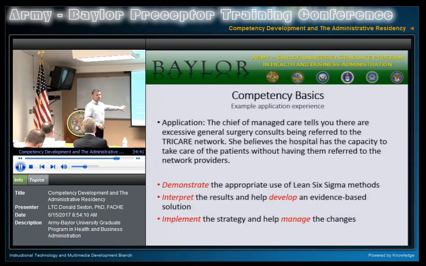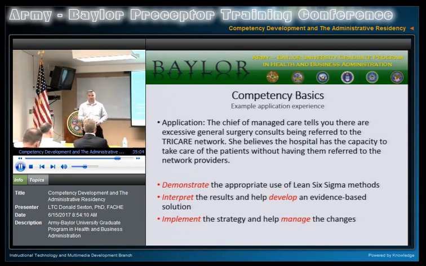Okay, so I wanted to just share this with you. Again, this kind of brings back this competency development. So in terms of the learning, if you have them now work on a project, now they're demonstrating the use of those tools. They have to actually be able to assess using the right methodology, and then implement a strategy.